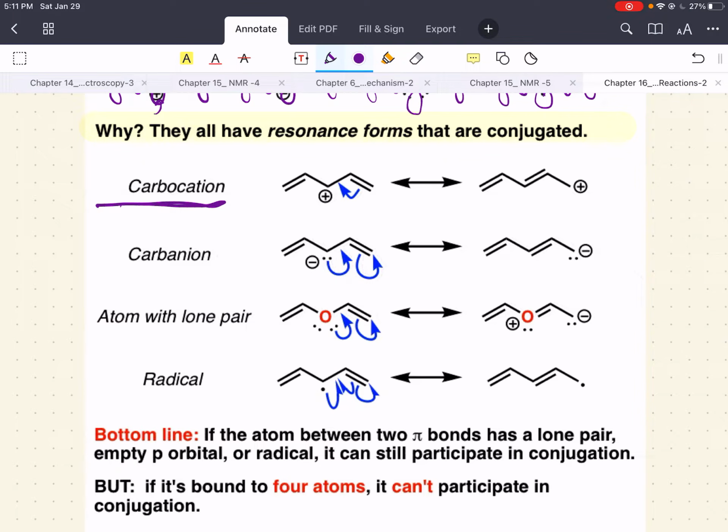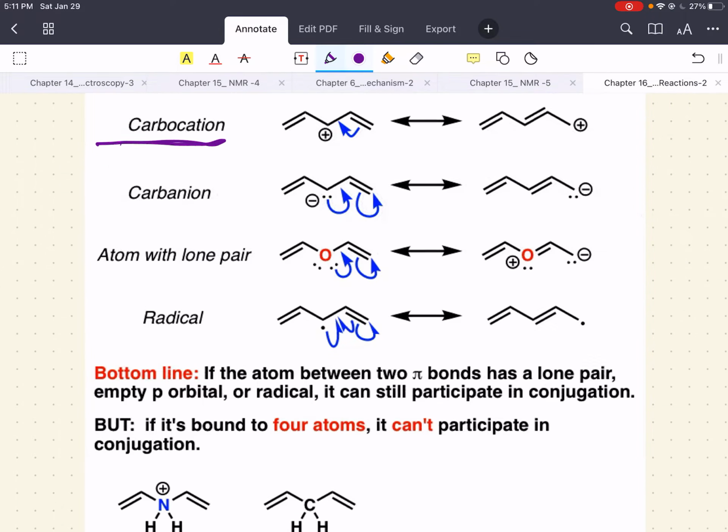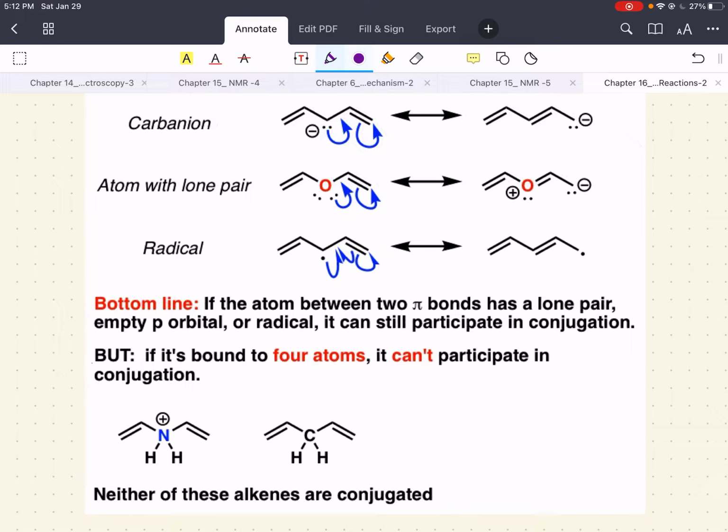Bottom line is, if the atom between 2 pi bonds has a lone pair, an empty p orbital, or a radical, it can still participate in conjugation. So that's really important to know. The but to this is if it's bound to 4 atoms like you see here, it can't participate in conjugation.